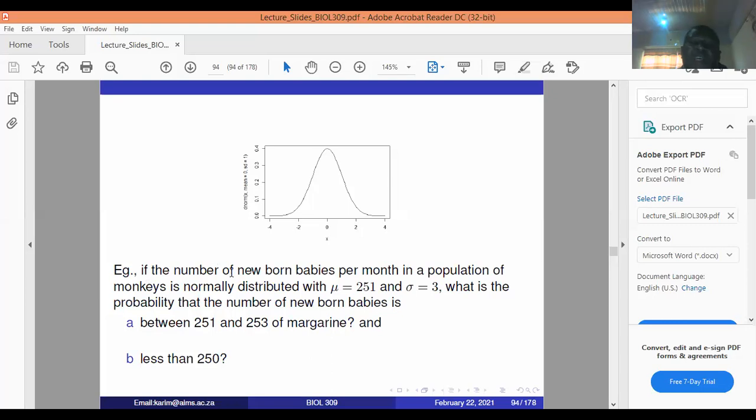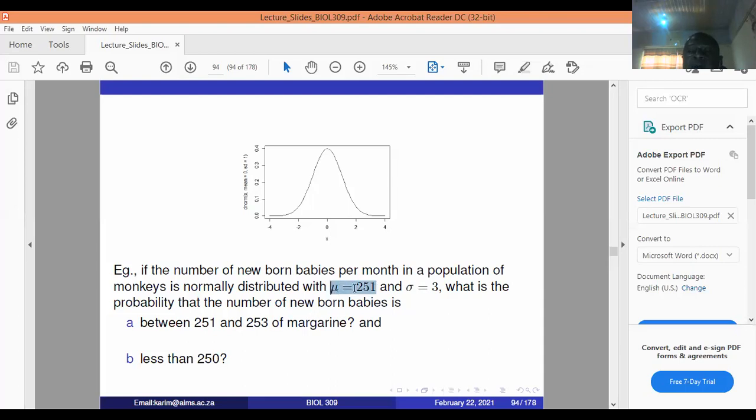Example: if the number of newborn babies per month in a population of monkeys is normally distributed with mean 251, and then the variance is 3. So you'll be given the number of newborn babies in every month. And then at the end of the day, you add the number of newborn babies and then divide by the total number of days, and then you get the average, just like we've done before.